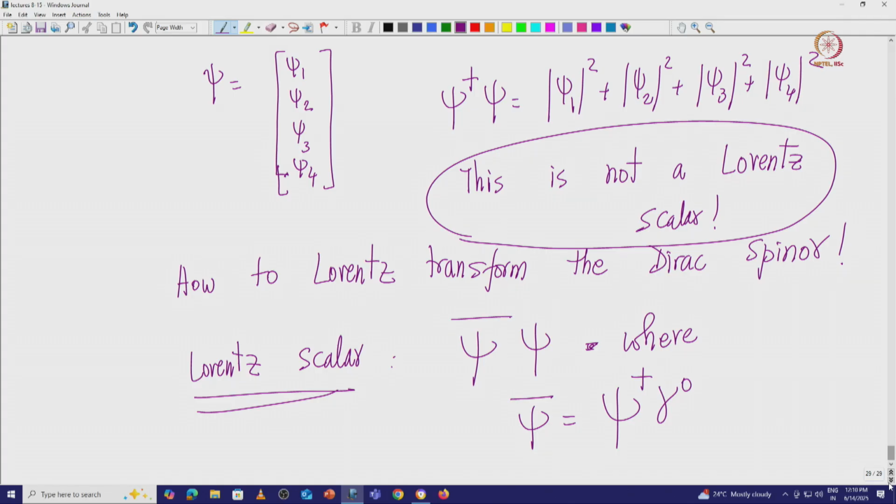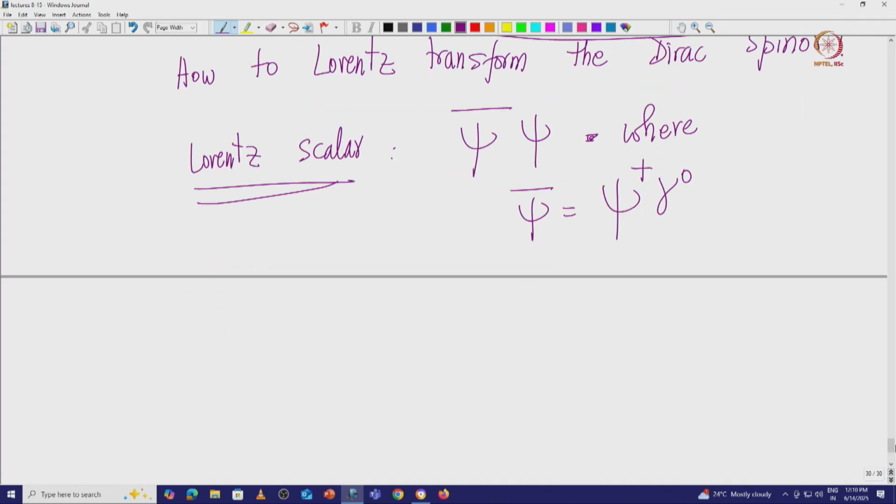So, let us do what it is essentially. Psi bar is equal to psi dagger gamma 0.